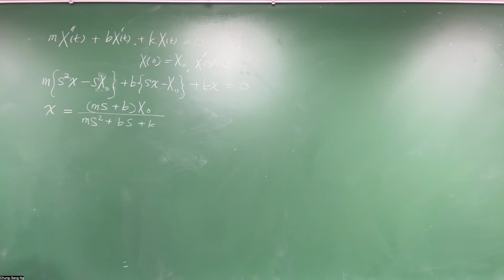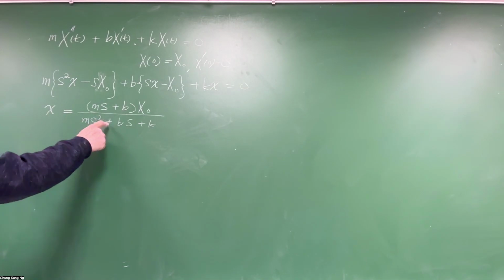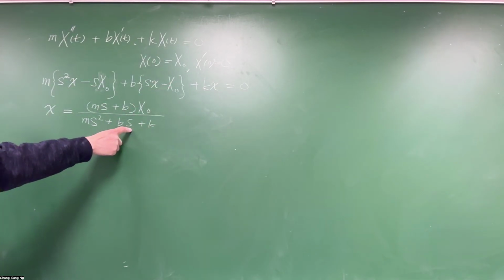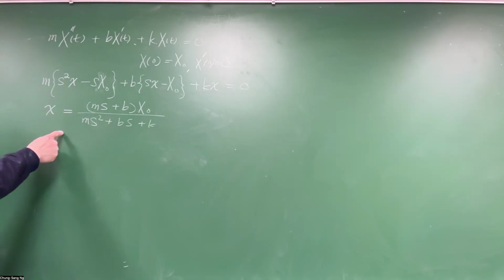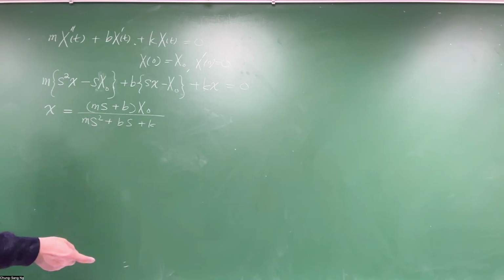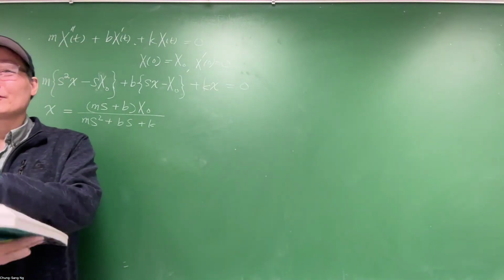So now the task is just to get the inverse transform, because you already substituted the initial conditions. Once you solve the inverse transform, you get the solution. Now you compare with your lookup table, and nothing is exactly the same.